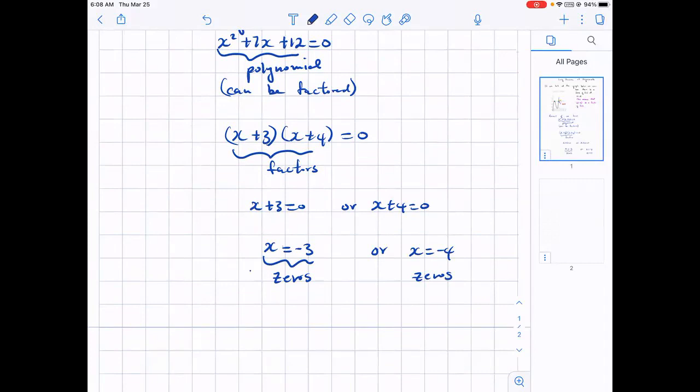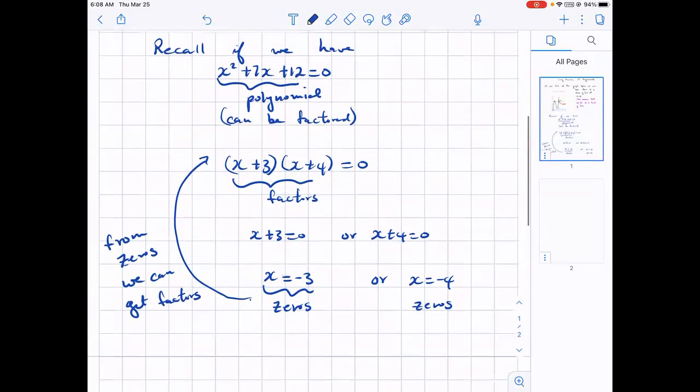So from the zeros, you can get factors, right? And from factors, we can get the polynomial, okay?